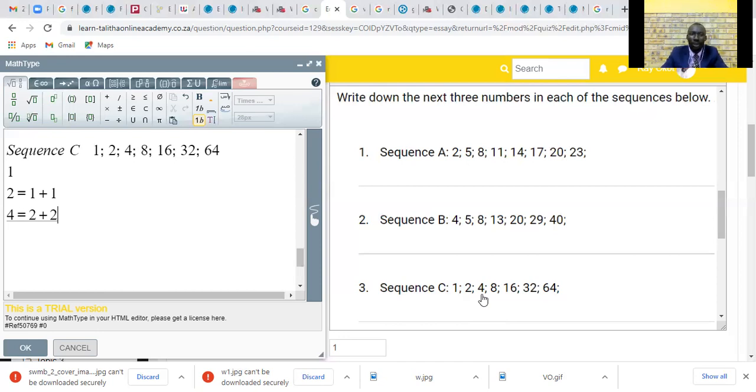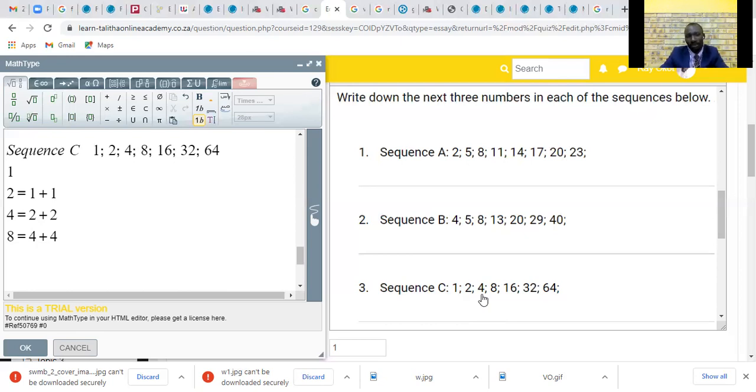And so what do we get from here? Well, let's move to the next. The next number is 8. So now, from this next number, which is 8, we see that onto the previous number 4, a number was added.